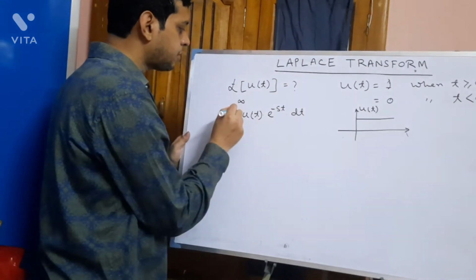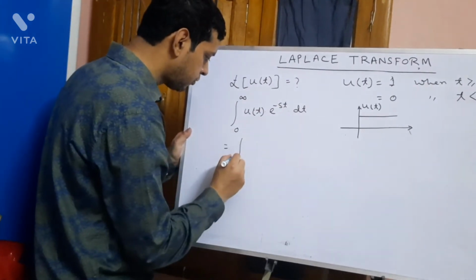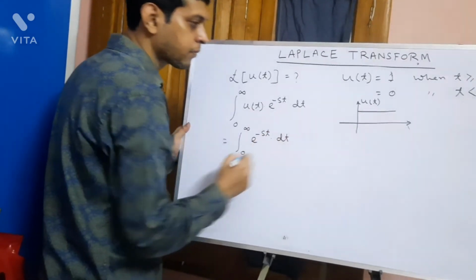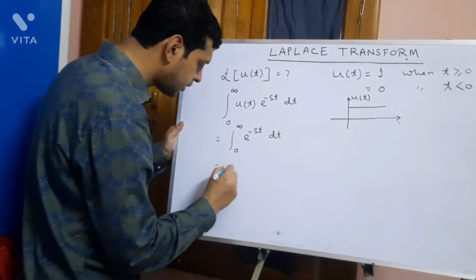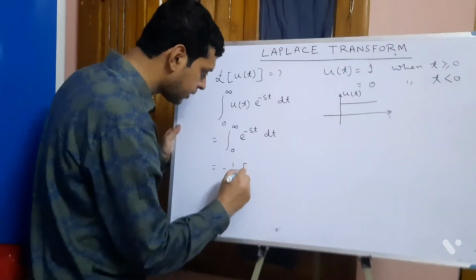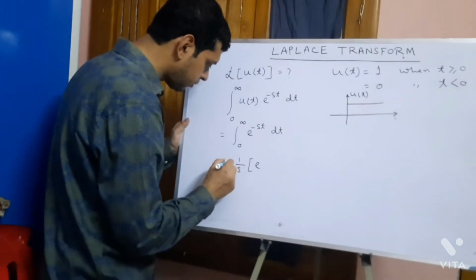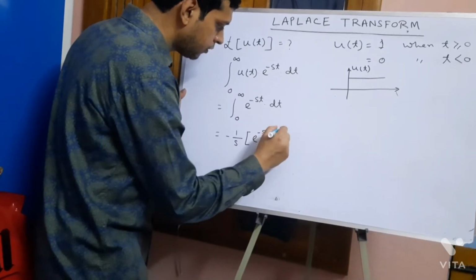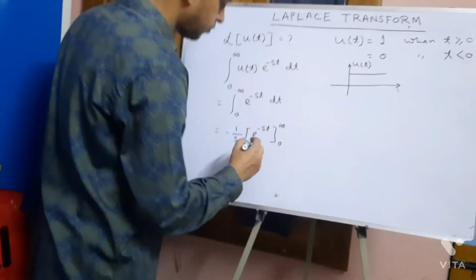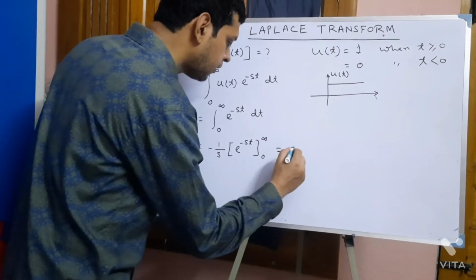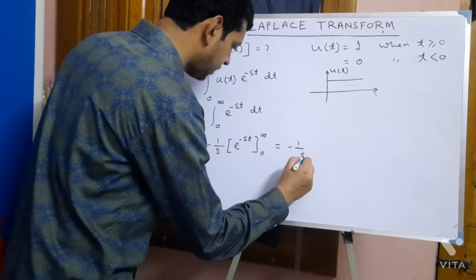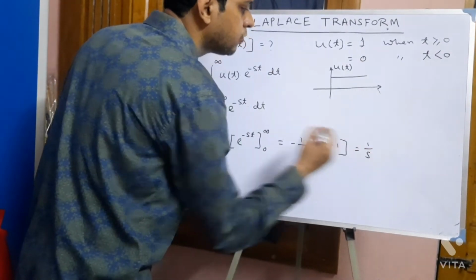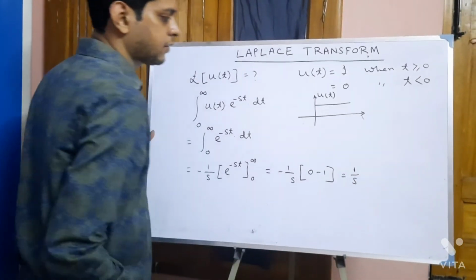In this interval u(t) is equal to 1, so the integration gives us minus 1 by s times e to the power minus st from 0 to infinity, which gives minus 1 by s times (0 minus 1), equal to 1 by s.